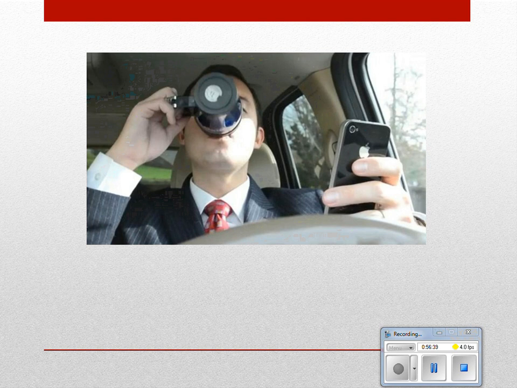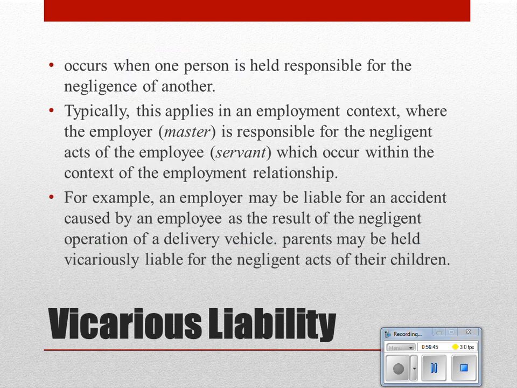He is supposed to commit to the road, but if it's vicarious liability, remember, look back at our definition in an employment context. The employer is going to be responsible for the negligent acts of the employee, even though the employer might not be there.